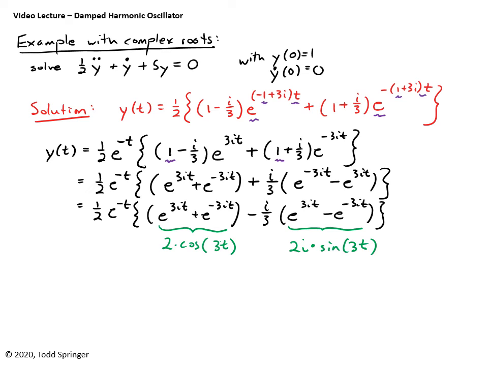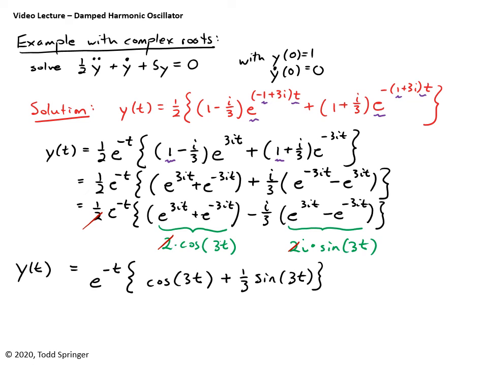So what I have now is a 2 everywhere. So these 2's cancel, and I get e to the minus t times cosine of 3t. And then I've got minus i times i, which makes plus 1. So I get plus 1/3 times sine of 3t. So this is what my function is doing.